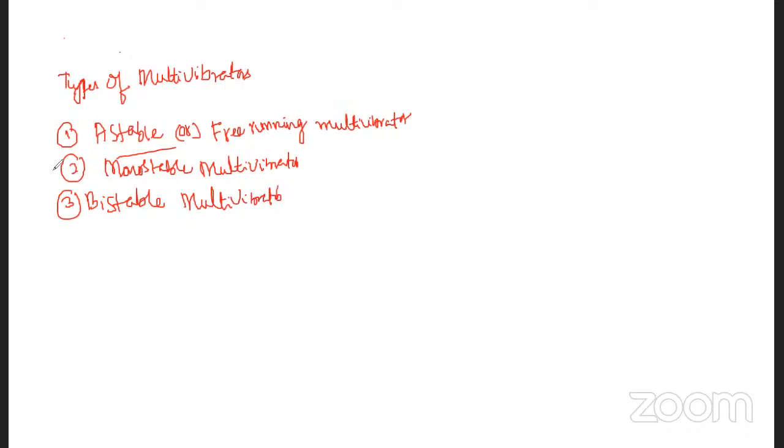So these are the three types of multivibrators, based upon the network used in the on and off states. First, we'll just list the three different multivibrators, then afterwards we'll discuss in detail what is astable, what is monostable, and what is bistable.